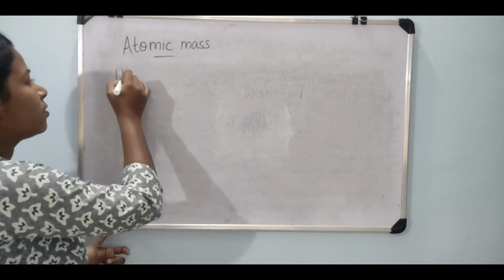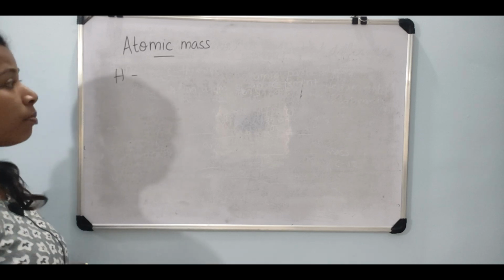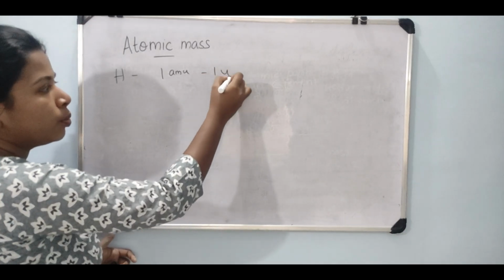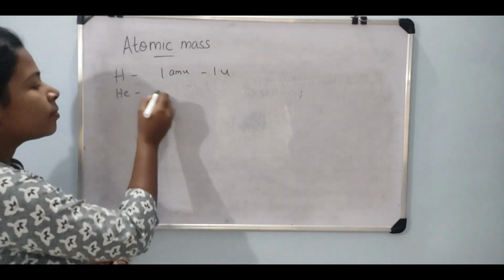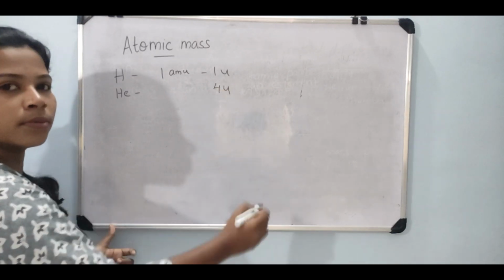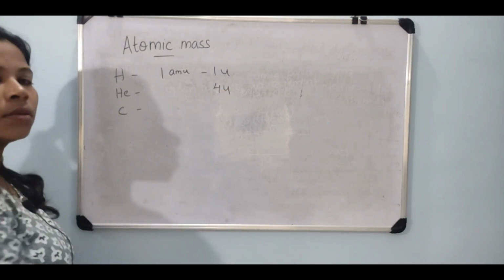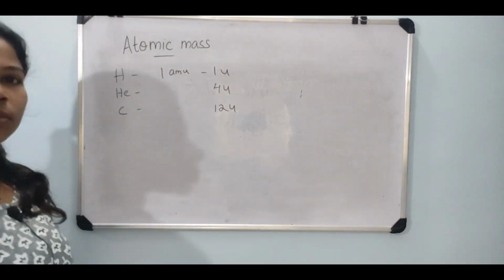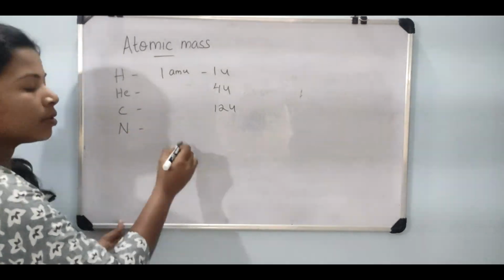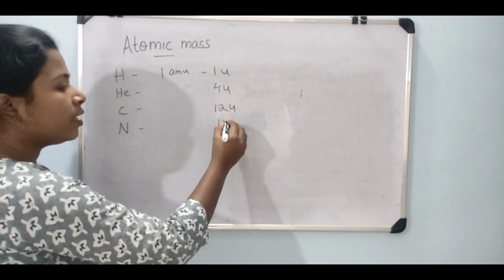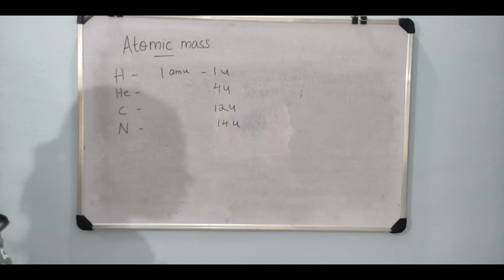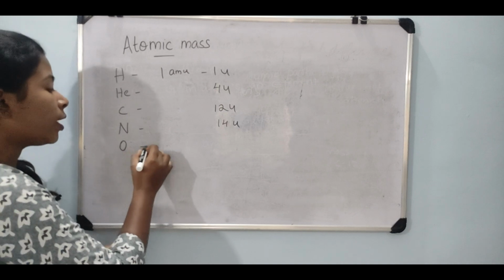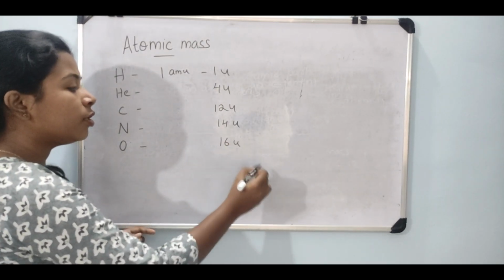First, hydrogen: the atomic mass is 1 AMU or 1 U. Helium is 4 U. Carbon is 12 U. Nitrogen is 14 U. Then oxygen, I am writing some of the important ones, oxygen is 16 U.